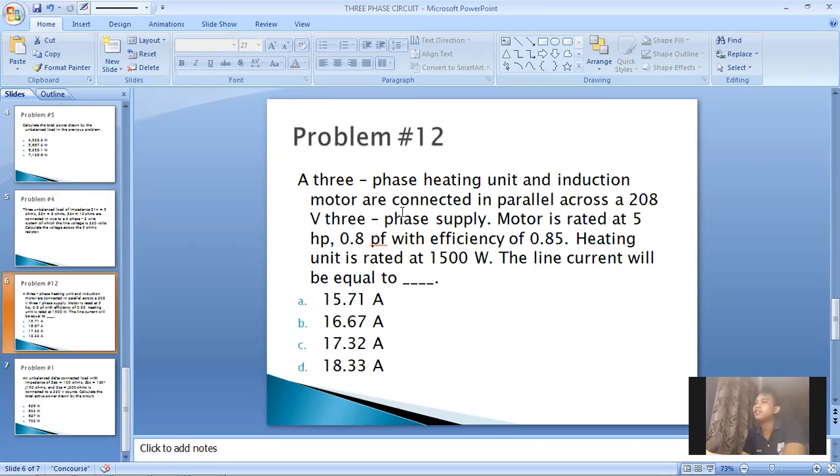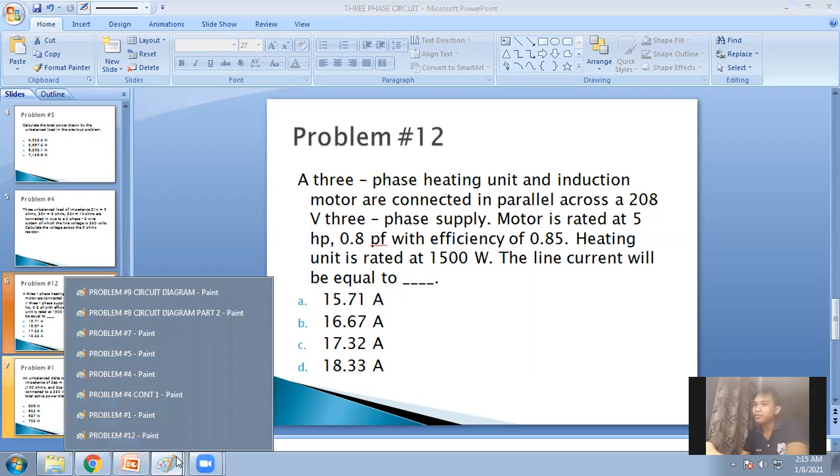The motor is rated at 5 horsepower, 0.8 power factor, with an efficiency of 0.85. The heating unit is rated at 1,500 watts. The line current will be equal to these choices.